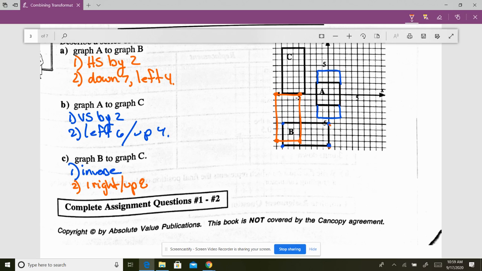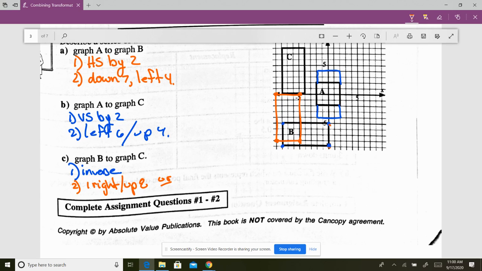Does everybody see that? Another way you can do it: you could flip it like that and then go 1 to the right.